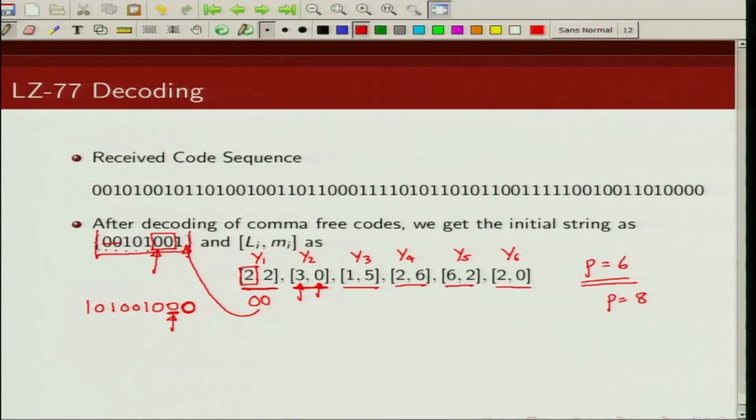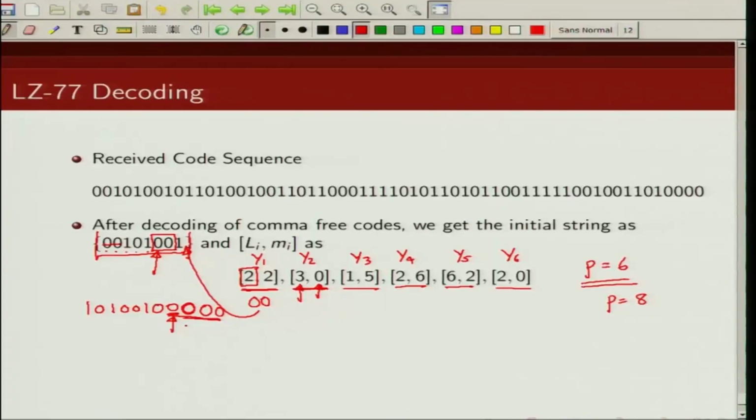Now the match starting at this location is 0 0, so the next bit has to be 0. So we have found out that the matched string y2 is 0 0 0.